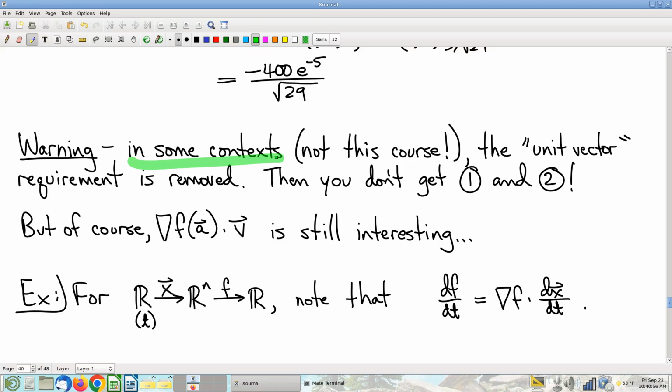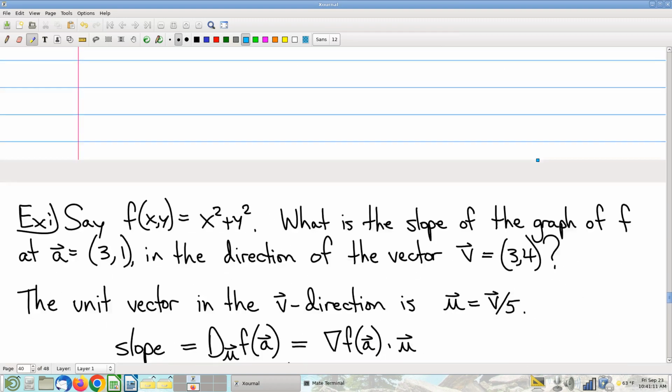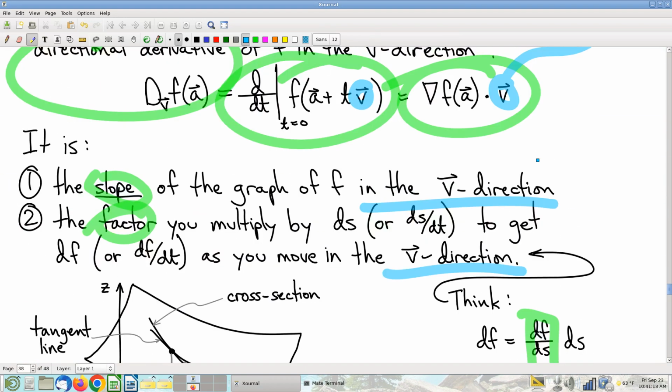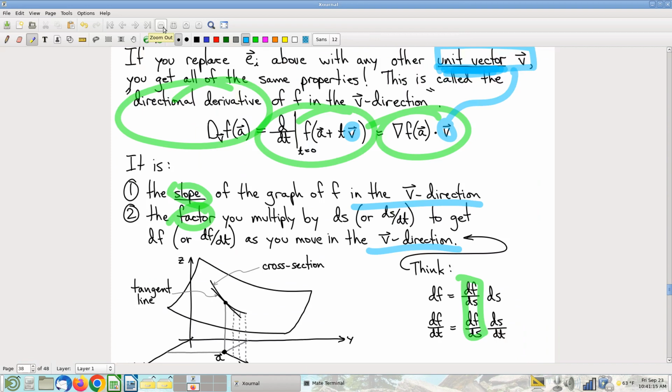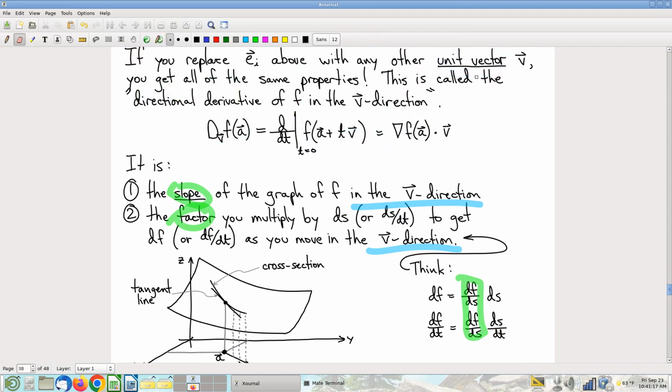But in some other contexts, they don't have this unit vector requirement. And this is a pro-con thing. So going back up to where we were before, here's all the different properties of directional derivative. And I made a big deal about how this has got to be a unit vector.